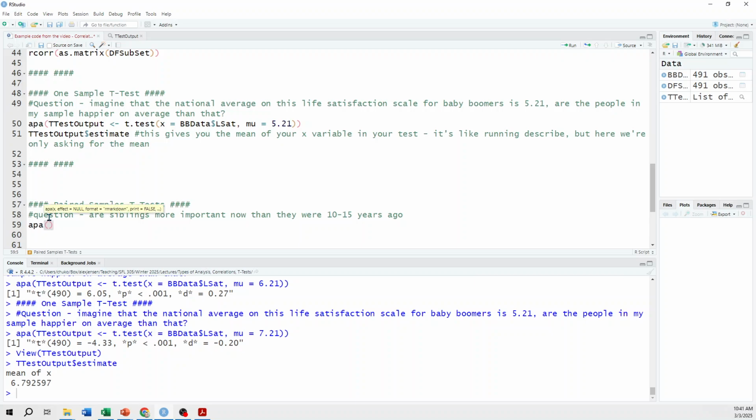So we're going to do APA. Let's call it paired test. I mean, really, it doesn't matter what we call this object. And I can't spell either. Paired test.